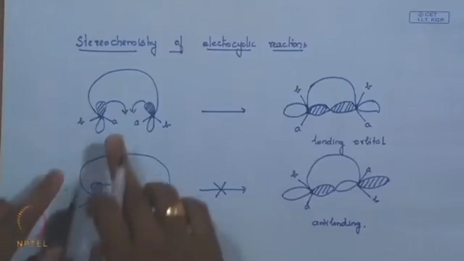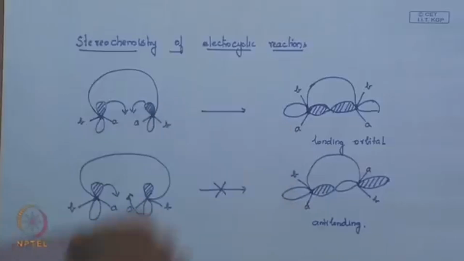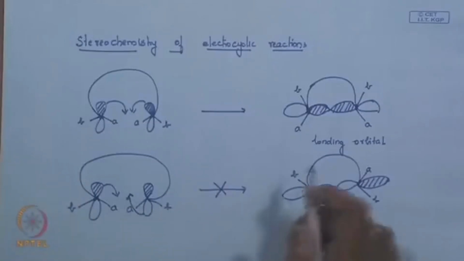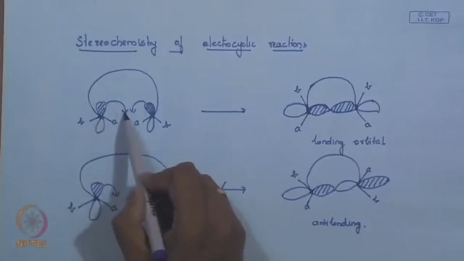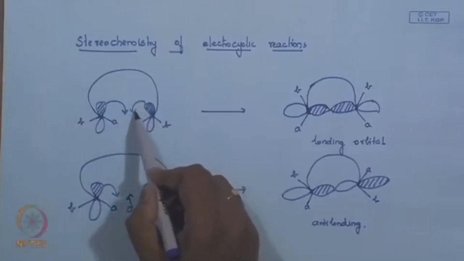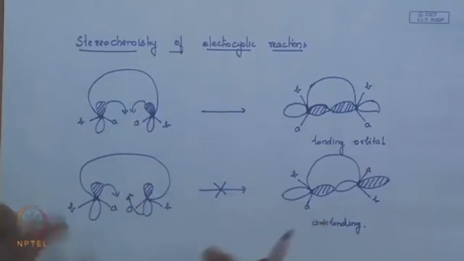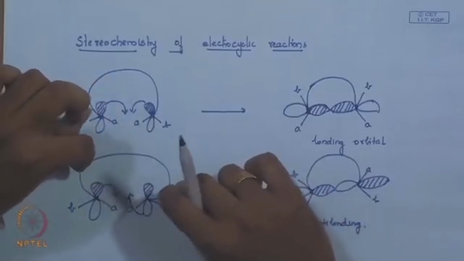So, this is the only approach which gives me a sigma bond. Now, look at the direction in which I have rotated this orbital to give me a bonding interaction. See what direction it is? It is clockwise. This one is anti-clockwise. So, you have here two types of movement, one clockwise and another anti-clockwise.